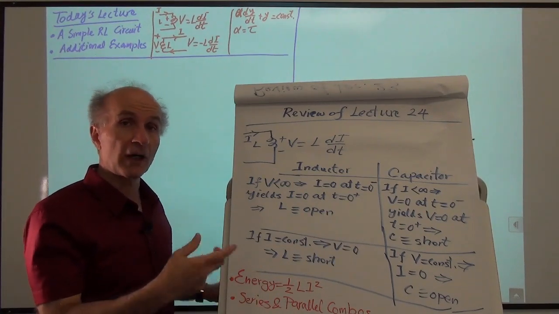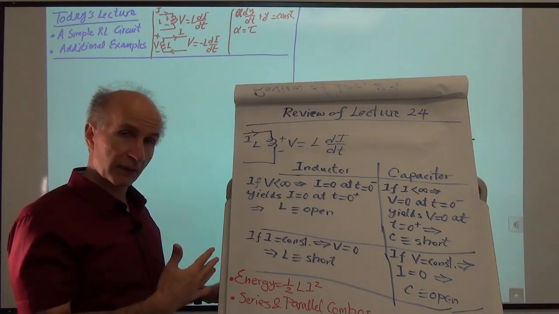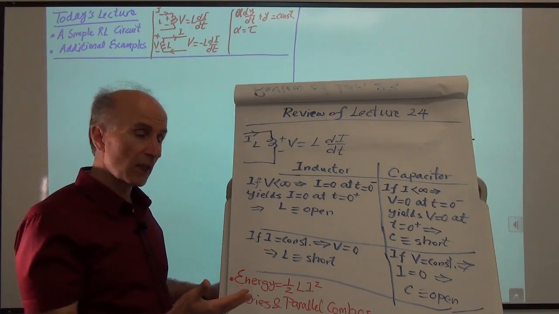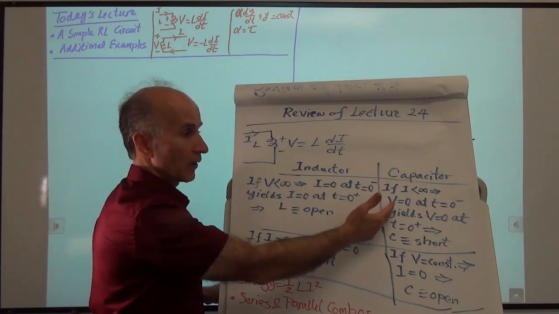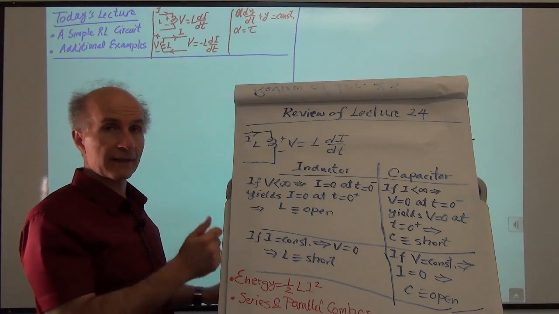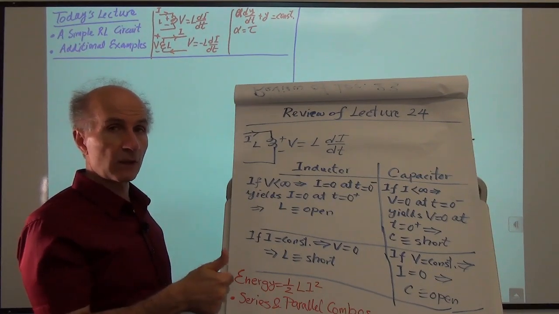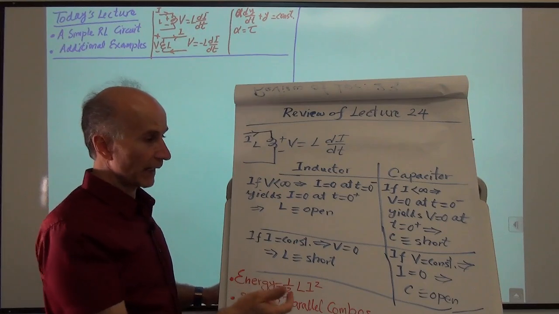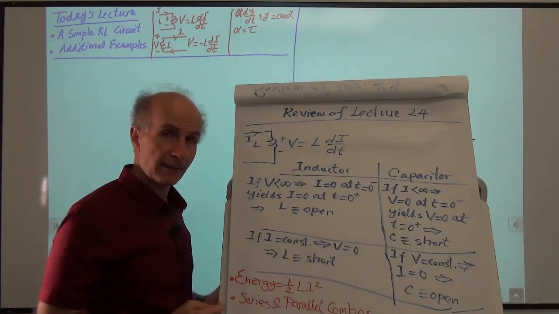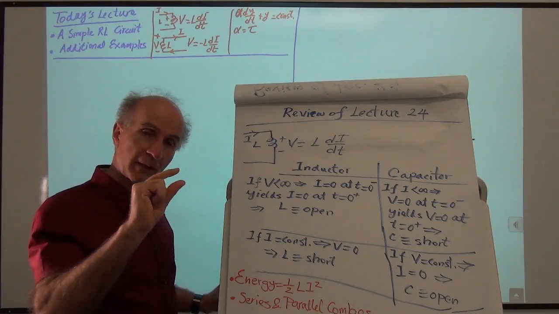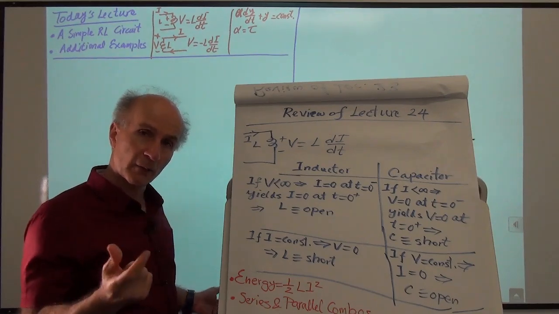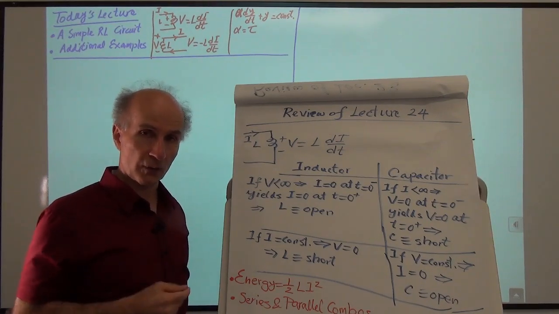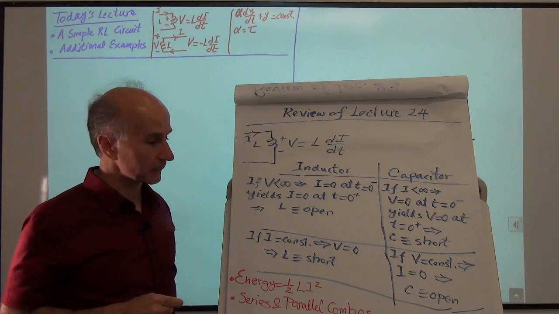If the rest of the circuit cannot deliver infinite current, then if the initial voltage on the capacitor is 0 at 0 minus, it still has to be 0 at 0 plus. That means the capacitor acts as a short circuit, because it wants to maintain that 0 volt difference, and the only device that can do that is a short circuit, a piece of wire.